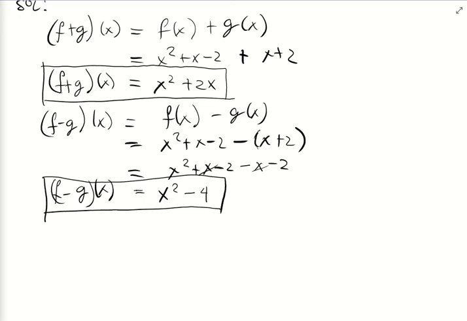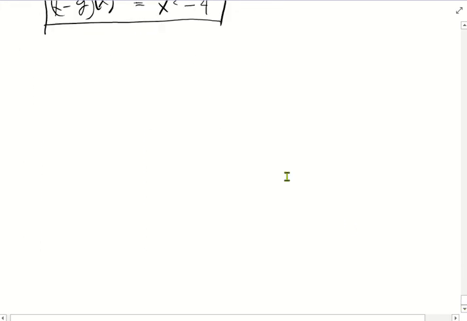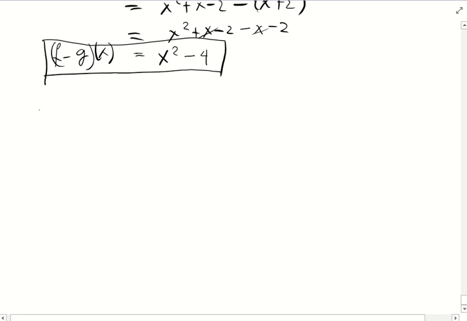Next, for the multiplication, f times g. So f times g of x will be f of x times g of x.